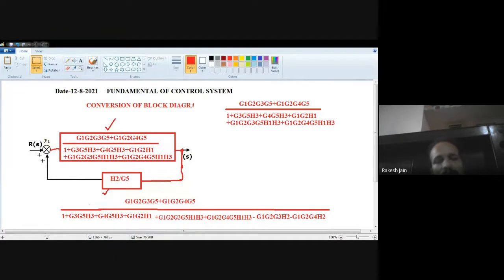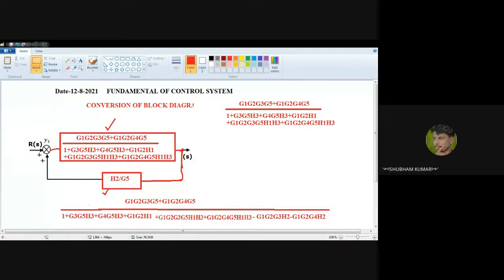With the help of the corresponding signal flow graph, we have to find out the same answer. So how to find out the answer? With the help of Mason's gain formula, we can easily find out the answer.